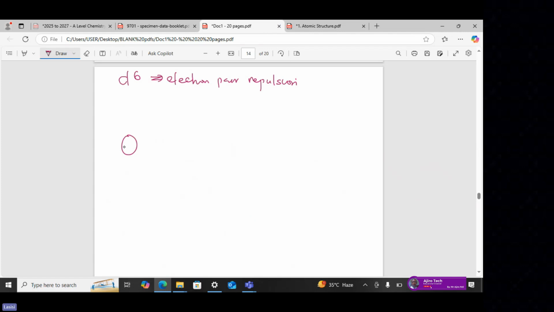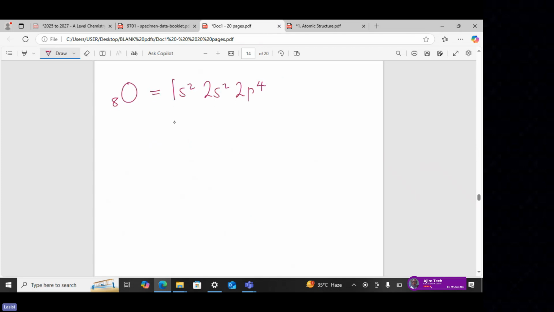If I give you oxygen, it is 1s2, 2s2, 2p4. They will now ask me how many unpaired electrons are in oxygen. Let me write it down. Please pay attention. It's actually 1s2, 2s2, 2px, 2py, 2pz.